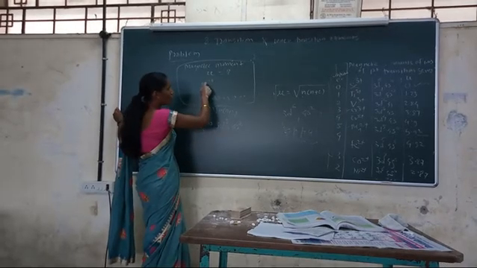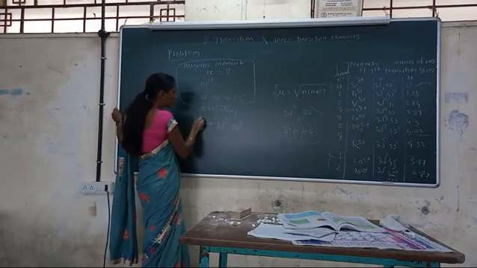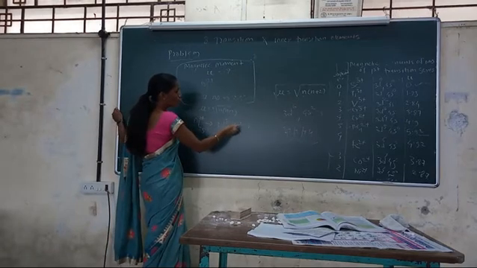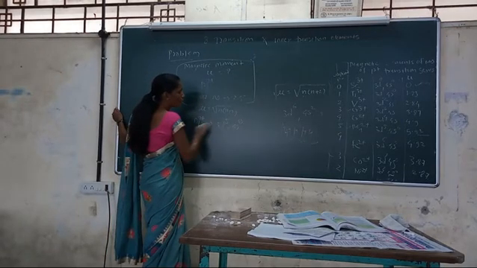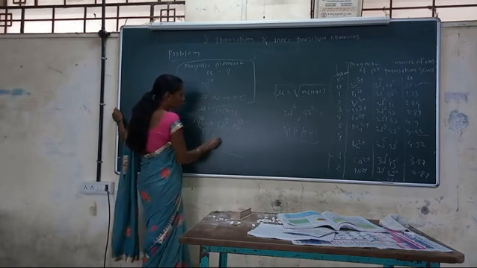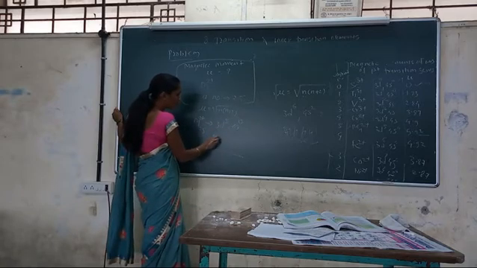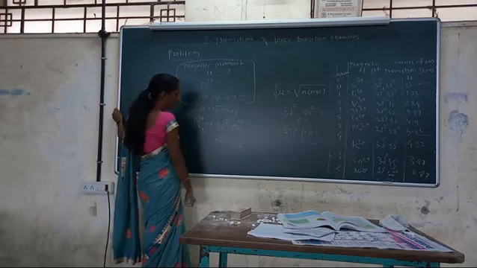But here it is M2 plus. 2 plus means it loses 2 electrons, which means here 4s0. Remaining only 3d. The d contains 5 orbitals, 5 electrons: 1, 2, 3, 4, 5.